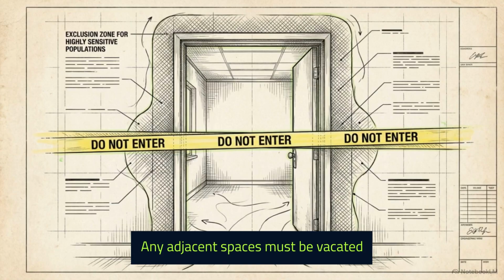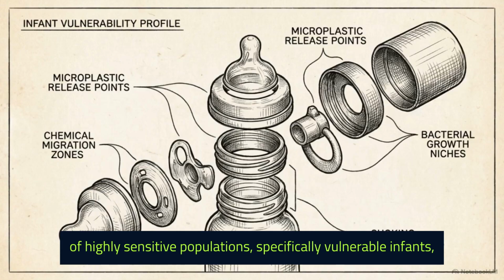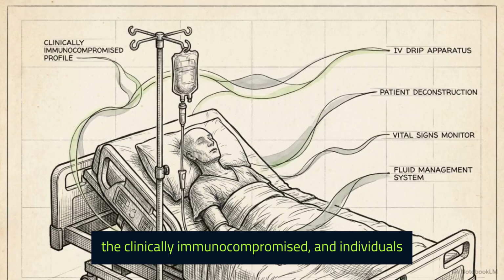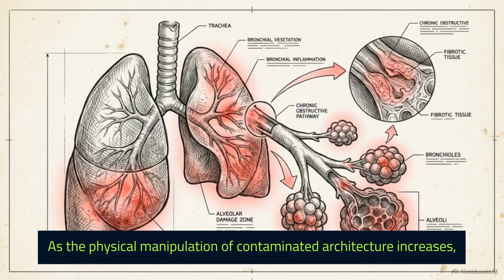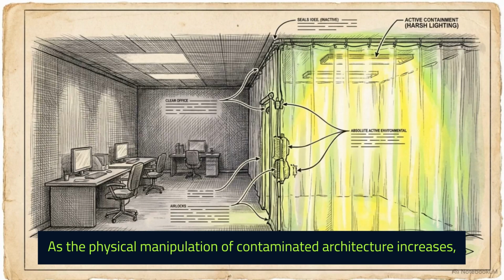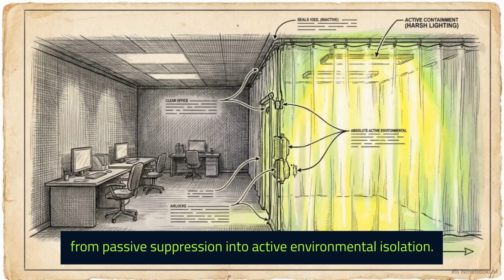Any adjacent spaces must be vacated of highly sensitive populations, specifically vulnerable infants, the clinically immunocompromised, and individuals with existing lung diseases. As the physical manipulation of contaminated architecture increases, operational tactics transition entirely from passive suppression into active environmental isolation.